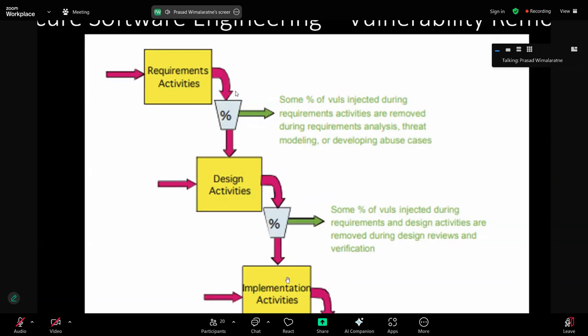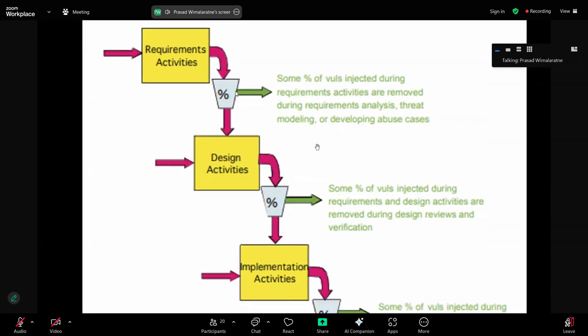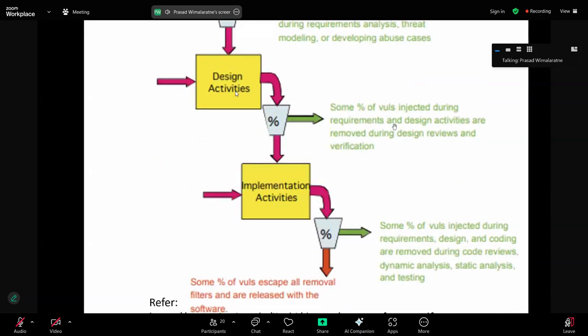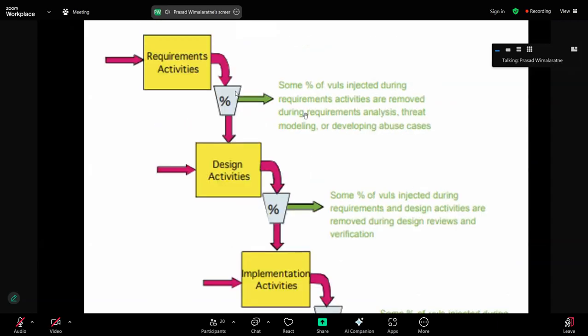And when you do implementation activities, again, we can have filters. When I say filters, what do I mean by filter here? A filter is our threat modeling, for example. When you do threat modeling, we are able to identify problems. When you draw abuse cases, you are able to identify and visualize the problem, and that becomes an input to the next phase, the design phase.